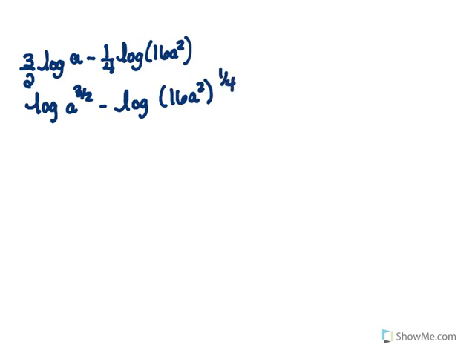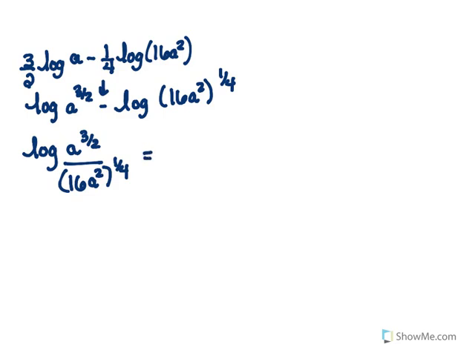Now we're going to remember this: subtraction means division. So we're going to do log of a to the 3/2 divided by 16a squared to the 1/4. Now the 4th root of 16 is 2.